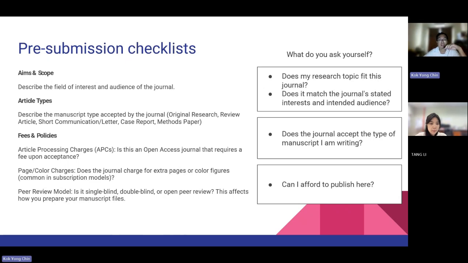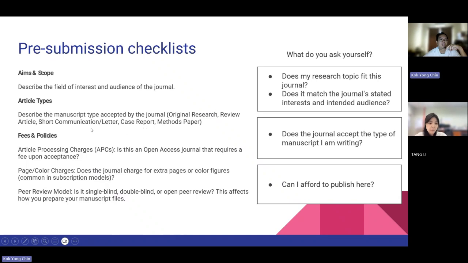So these are some of the journals that will only consider original research articles and also systematic reviews, but not normal reviews. So where do you get this information? You get this from instruction for authors and the article type. What kind of article will be considered by the journal? This too is very important because you want to ask yourself whether the manuscript you are writing, whether the topic fits the journal, and also whether it matches the journal's stated intentions, interest, and targeted audience.